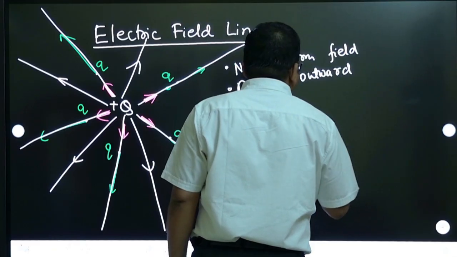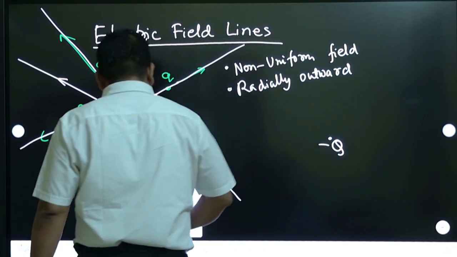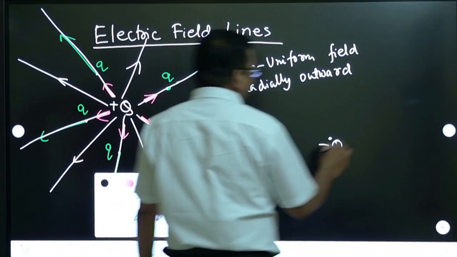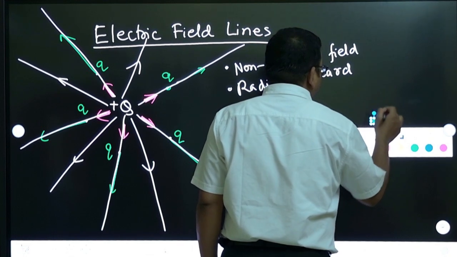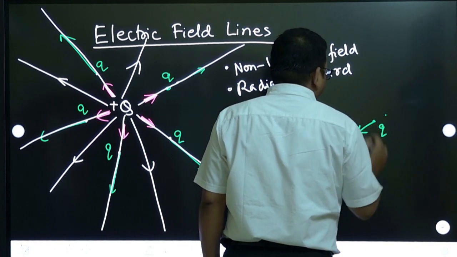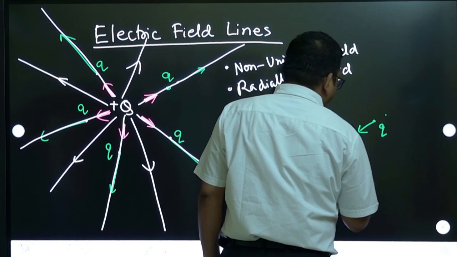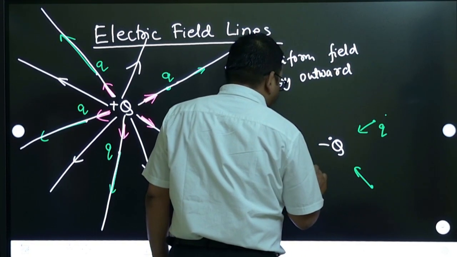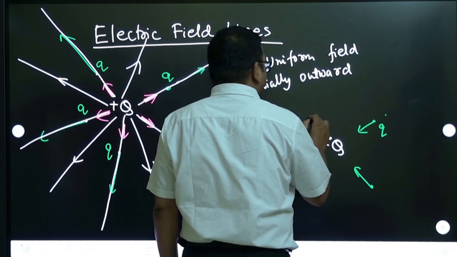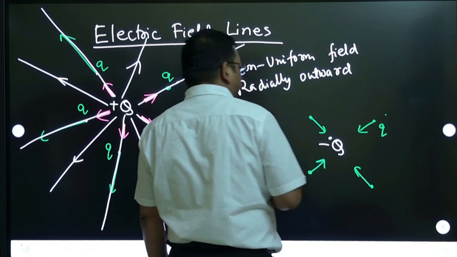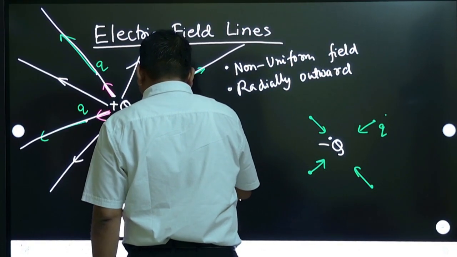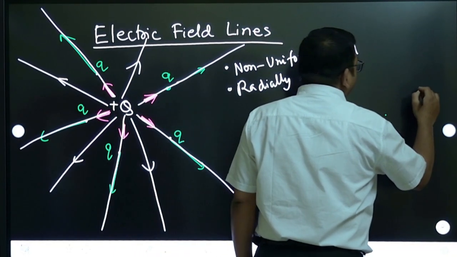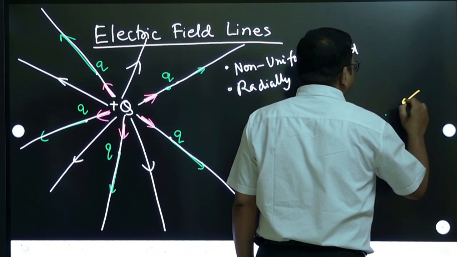If I choose a negative charge and keep the test charge here, it will get attracted. If I keep it here, it will get attracted, here also it will get attracted. If I keep it a little farther away, it will also get attracted, but less.